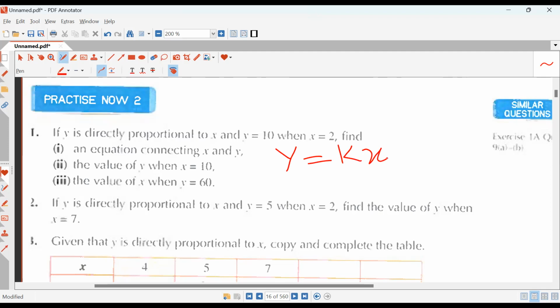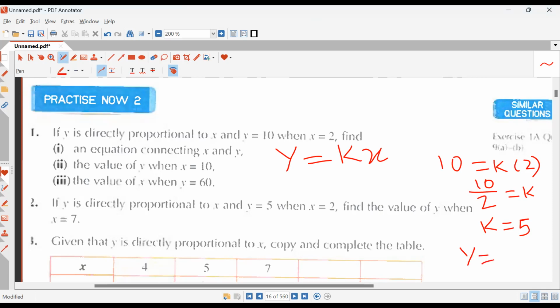Y equals to 10 and x equals to 2. So 10 equals to k times 2. 10 upon 2 equals to k equals to 5. I found the value of k. I've made an equation.